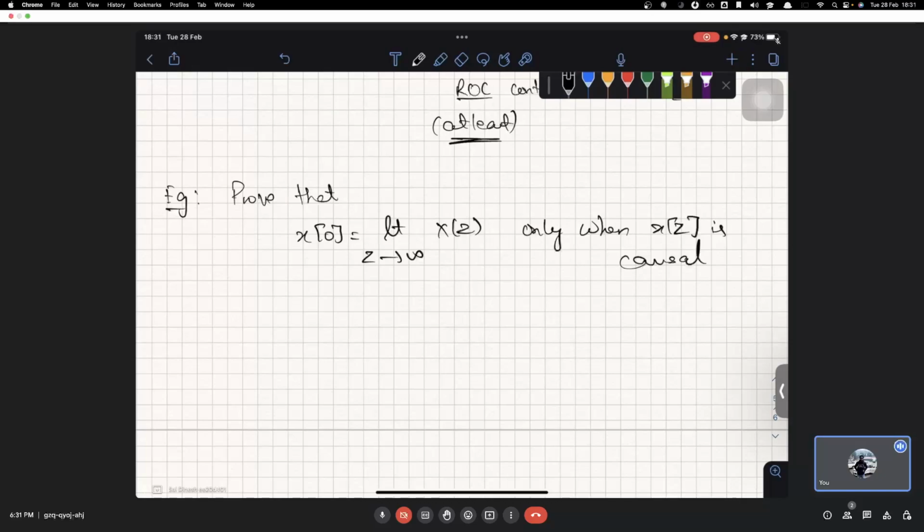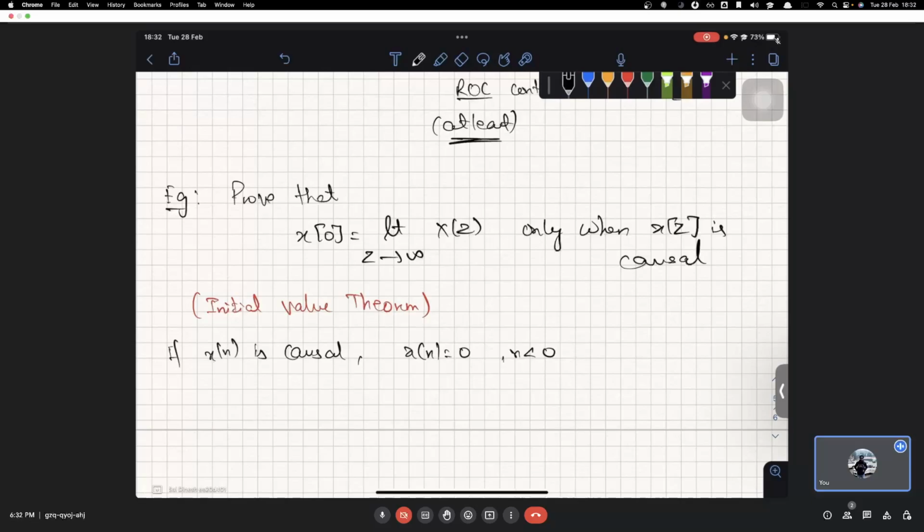This is actually called the initial value theorem of the z transform. So if x of n is causal, then x of n is 0 for n less than 0.